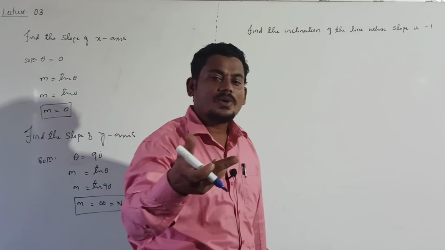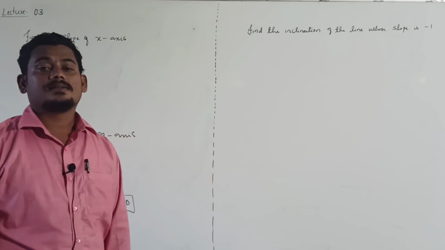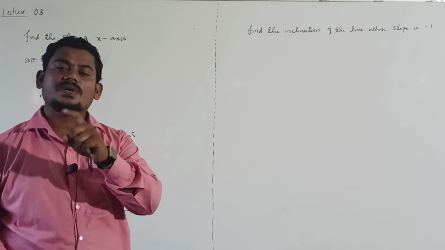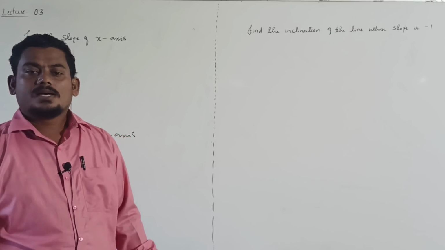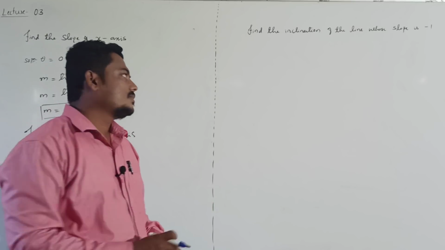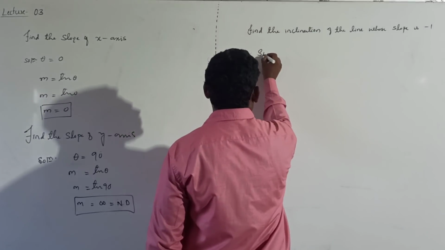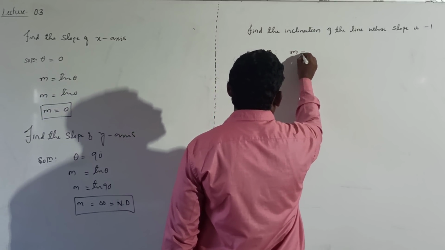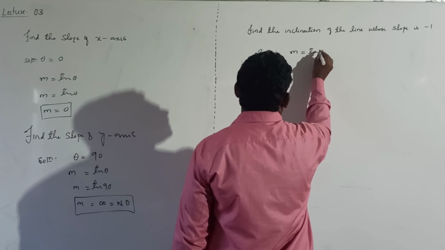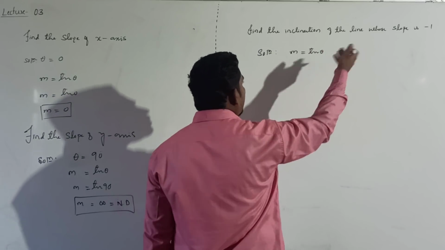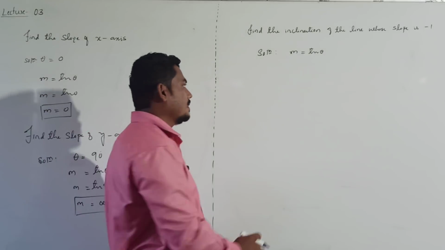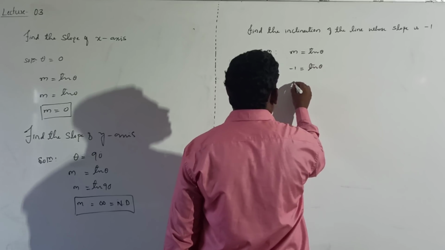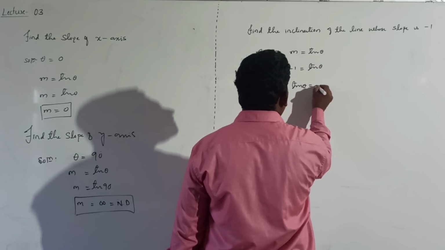In this case they have given the slope of the straight line and asked for the inclination of the line, which means we need the theta value; they have given the m value. Formula: m is equal to tan theta. Slope is nothing but m only. m is minus 1, equal to tan theta, or I will write tan theta is equal to minus 1.